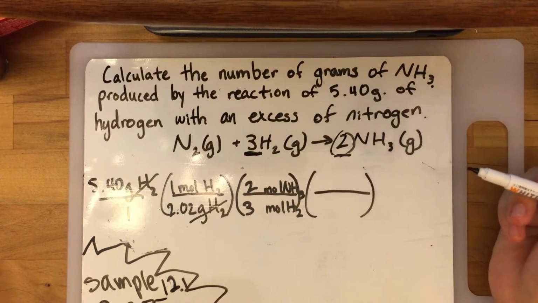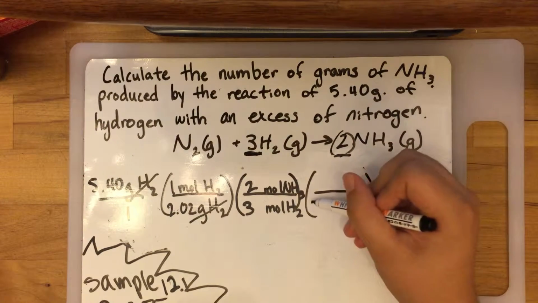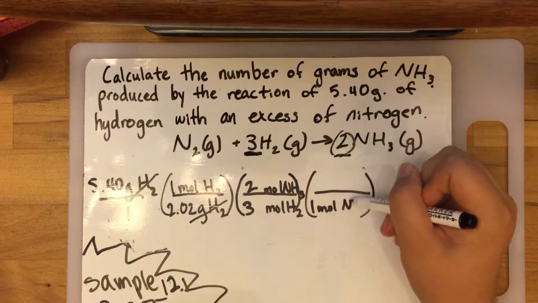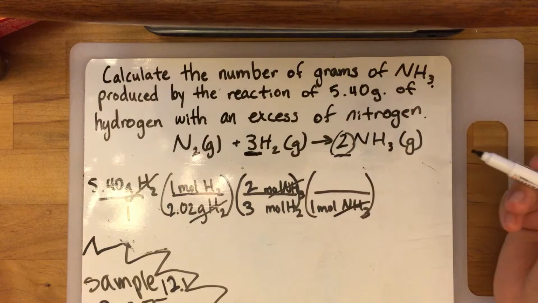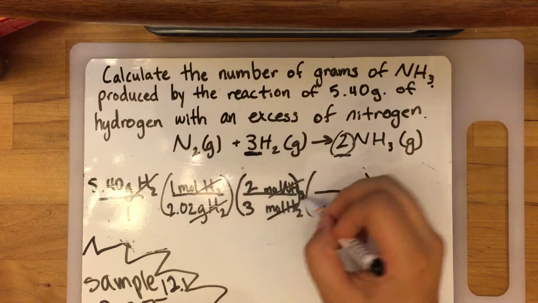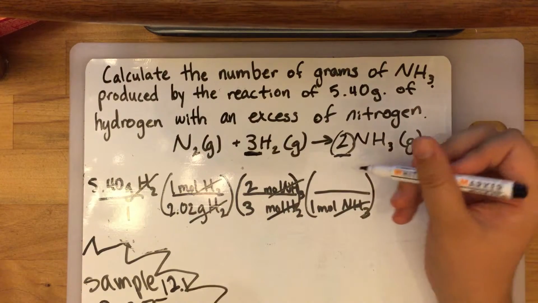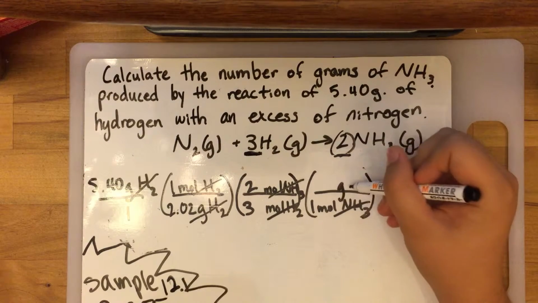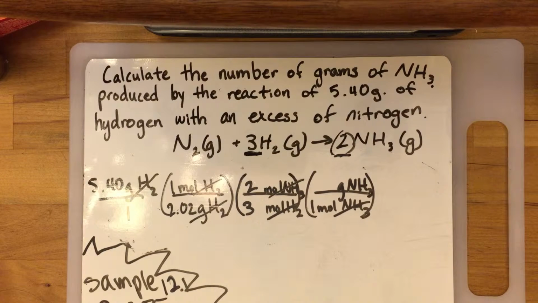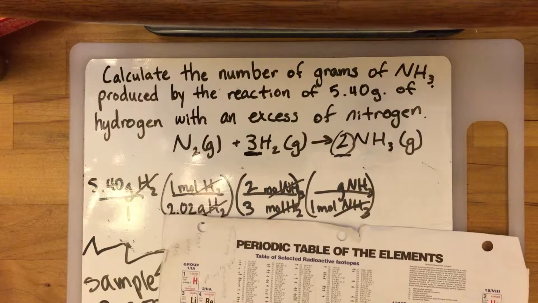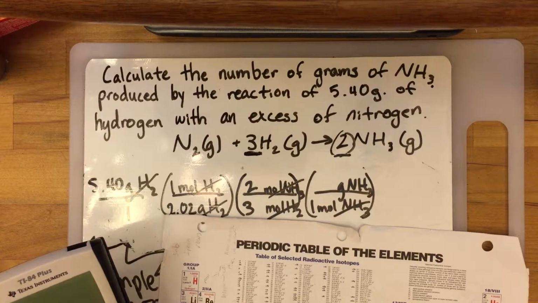Now to get our answer, we have to get 1 mole of NH3 down here so that these can cancel out. And these already did cancel out. And now we need the grams of NH3. So now to do this, we have to bring back the periodic table again. Nitrogen is over here, it's about 14 grams.